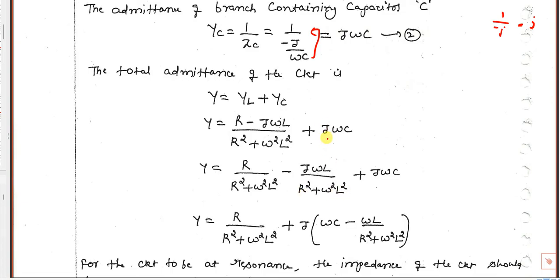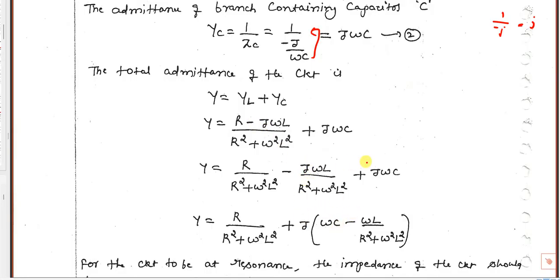Here also one more j is there, because of the capacitance path. In the capacitance path, the admittance is plus j omega C, and here we have minus j.